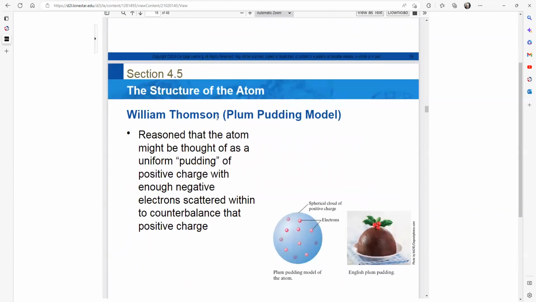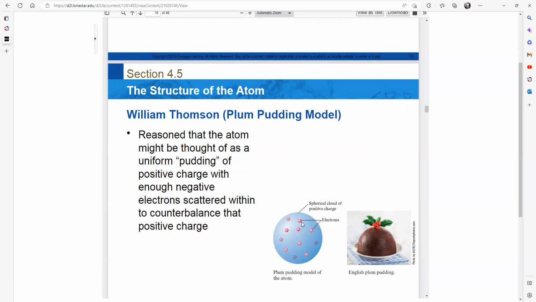William Thomson explained a model of the atom this way. He said, here you can see a plum pudding. Well, his model is known as pudding. Why? Because it says that the mass of the atom is made of positive charge.